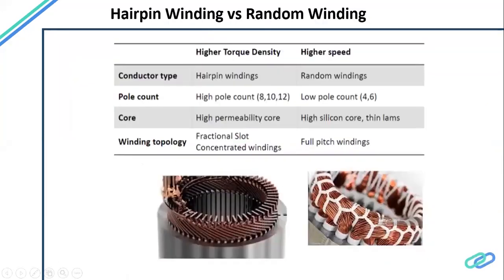So hairpin winding versus all the other windings we have, conventional winding, they give us a very good torque density, and they give very good thermal performance. So right now they are predominantly used in research, and that is where the market is going.